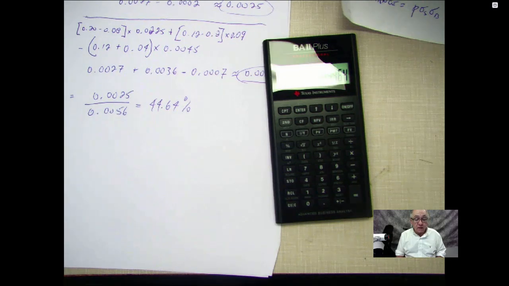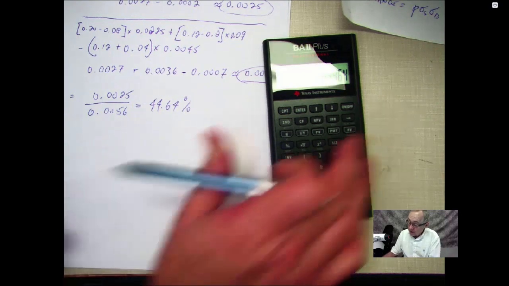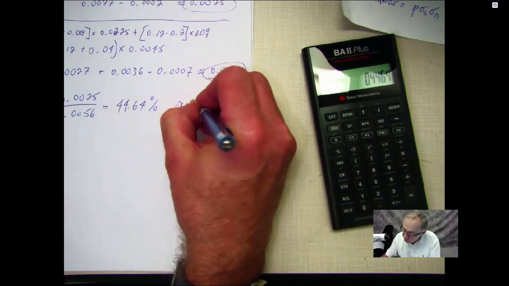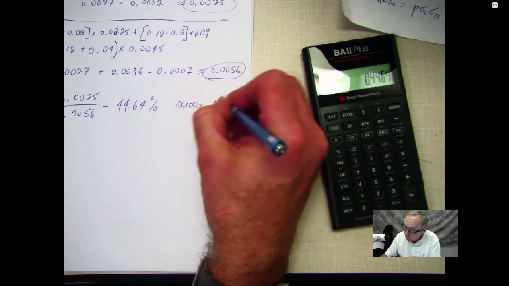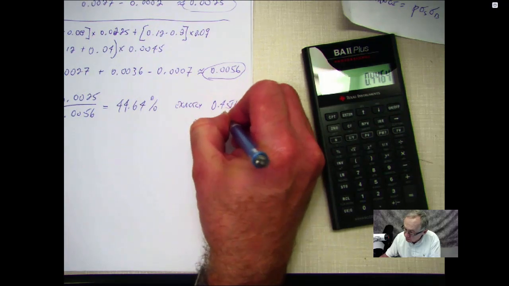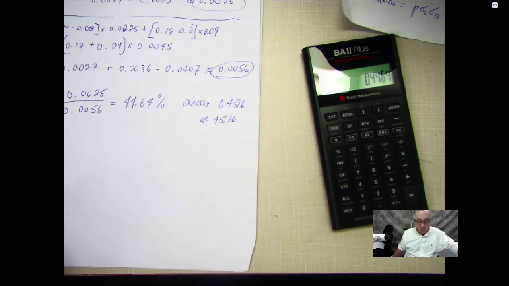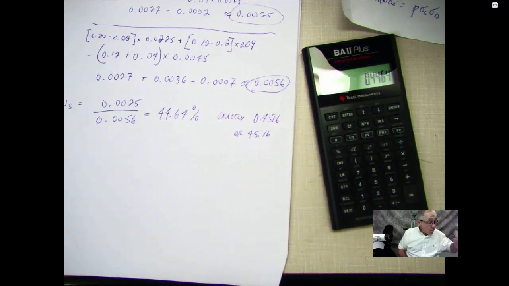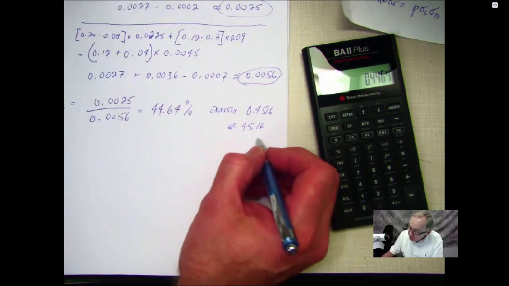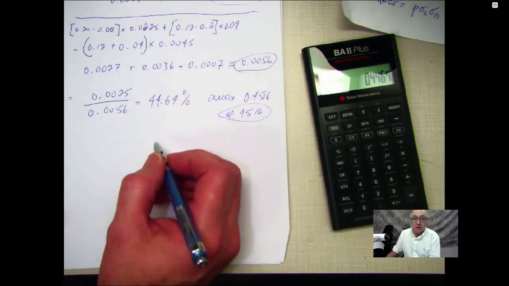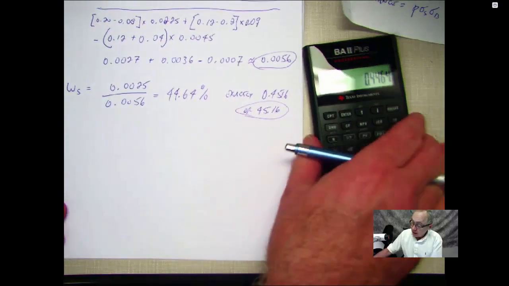And using the Excel spreadsheets to many more decimal points, it should be exactly 0.4516 or 45.16%. Because we stopped at 4 decimal points, it's quite close. We'll continue with the spreadsheet answer with more decimal points when we look at the expected return and standard deviation.